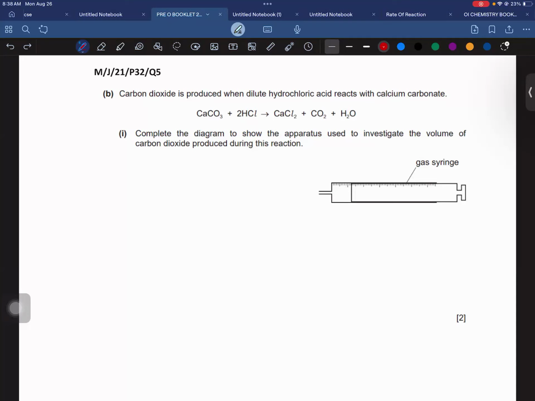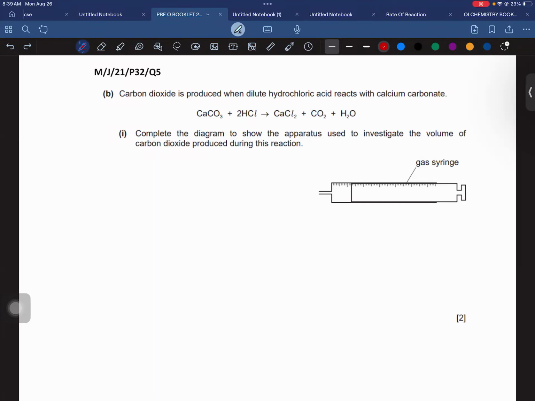I'm waiting for you. Are you going to draw this? Rija, can you tell me this?